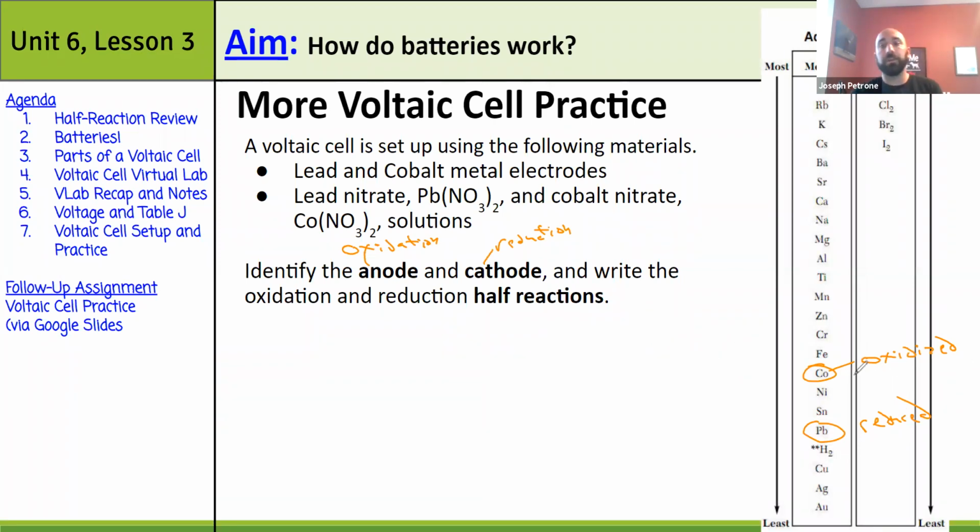So cobalt is going to be our anode, lead is going to be our cathode. I'm just going to note that here. Once again, anode is cobalt, and lead is the cathode.